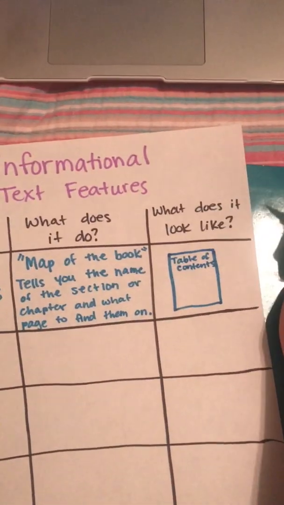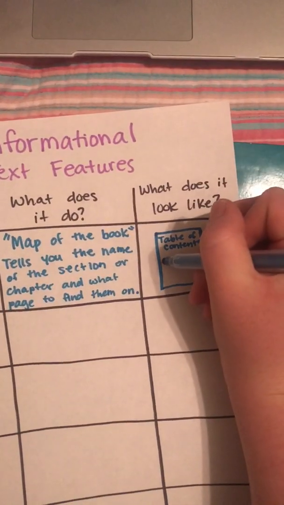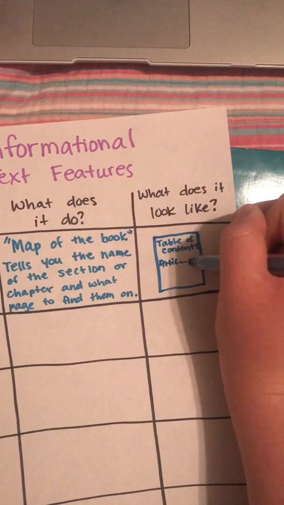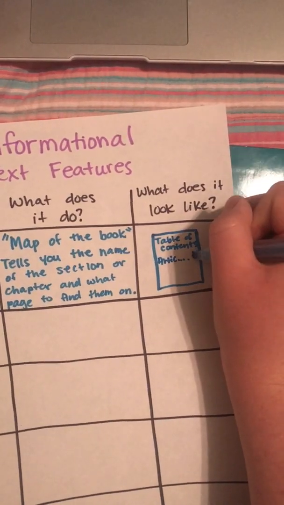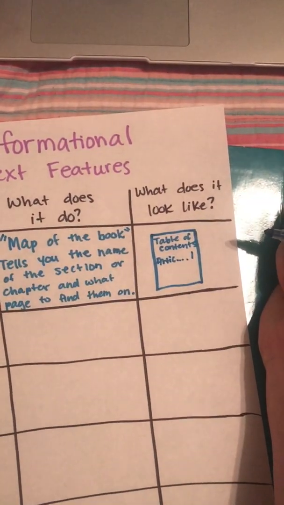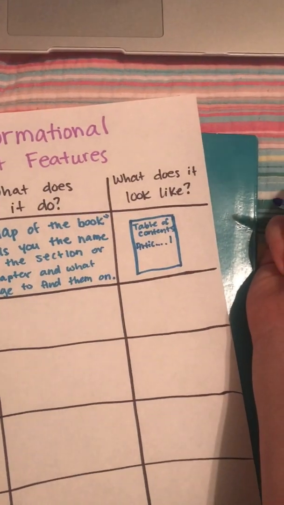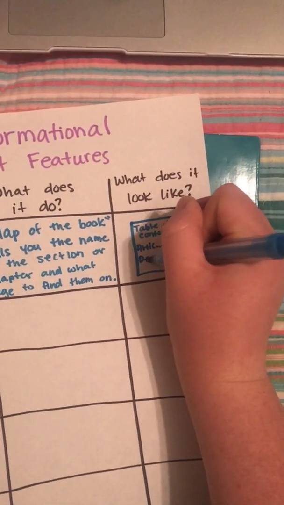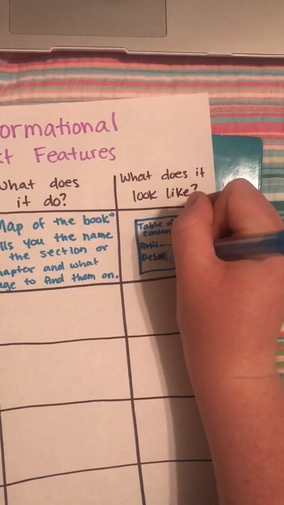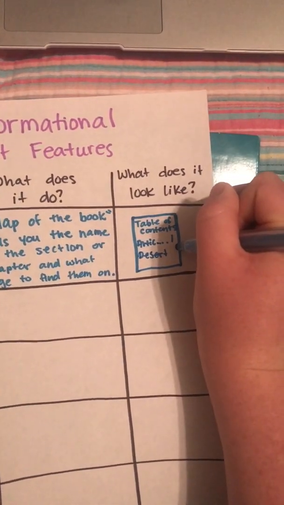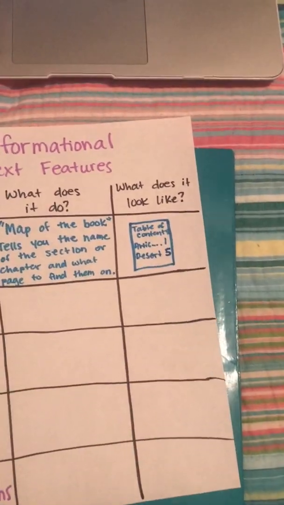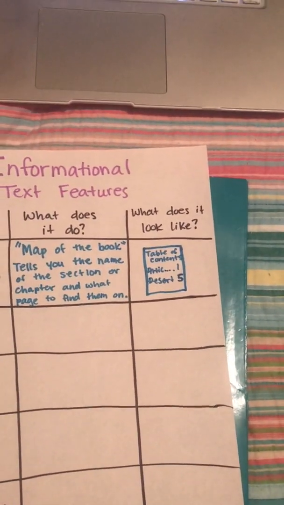So if we're talking about, say, habitats, we can say Arctic, and it might say it starts on page 1. And then maybe the desert, maybe it starts on page 5. So that's how you can find what section of the book you're looking for.